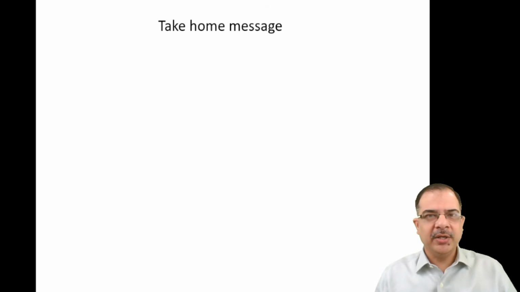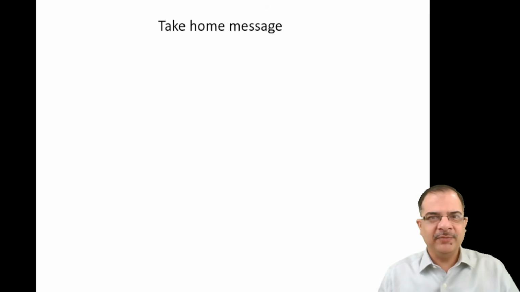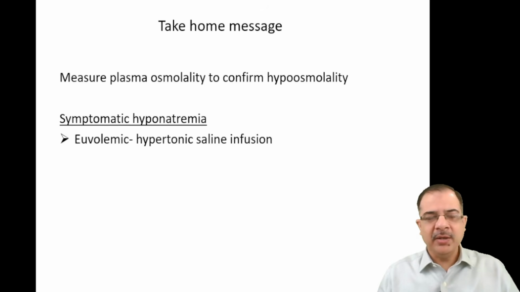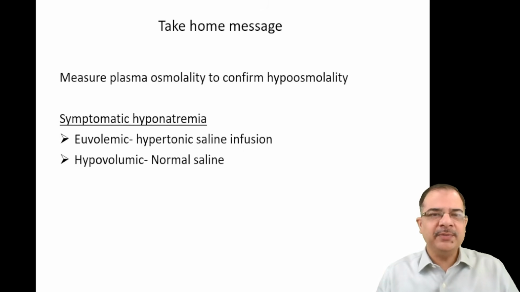If you have to take a summary of this video, the most important thing is to measure the plasma osmolality to confirm that it is a true hyponatremia, that the patient is having hypoosmolality. In symptomatic euvolemic hyponatremia, hypertonic saline infusion is preferred, while for hypovolemic, normal saline is preferred.